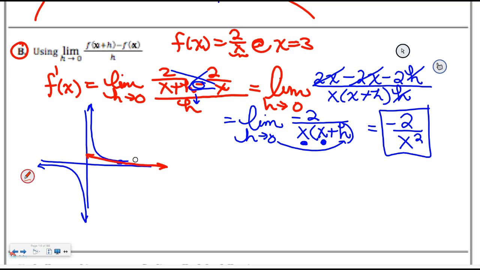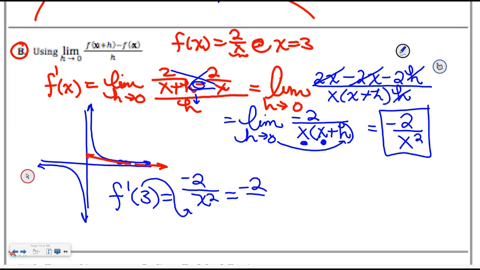Anyway, let's see if this jives. According to my calculations, f prime at 3 can be determined by plugging 3 in for x in my function for the derivative. And lo and behold, I get that -2/9.